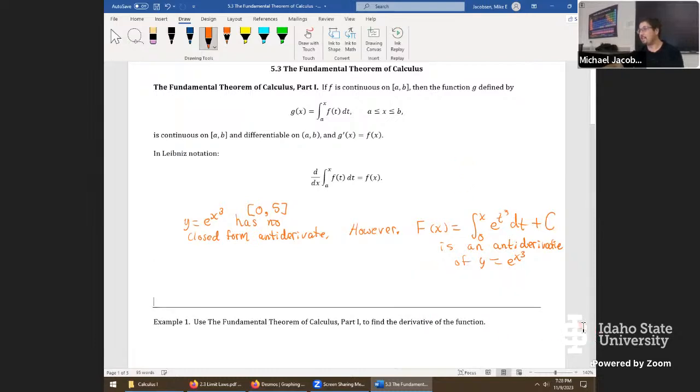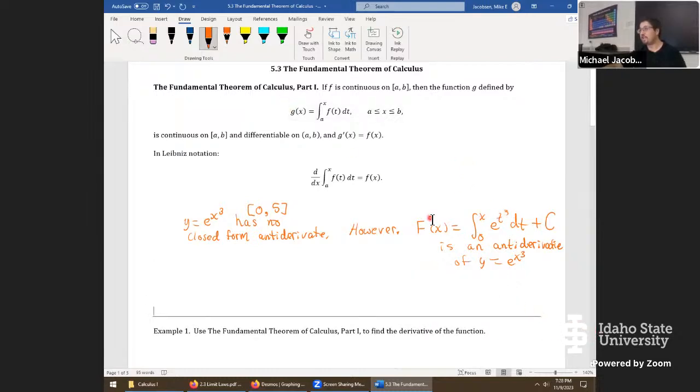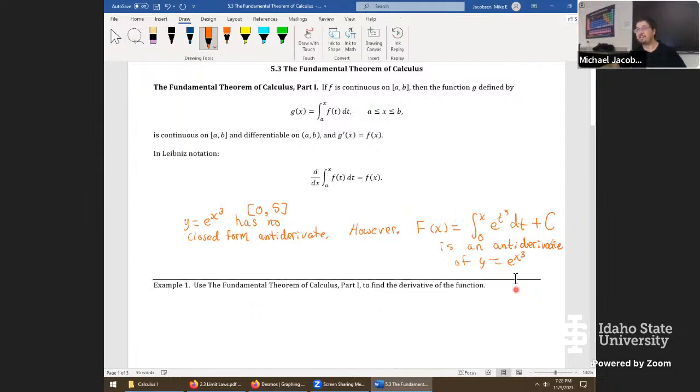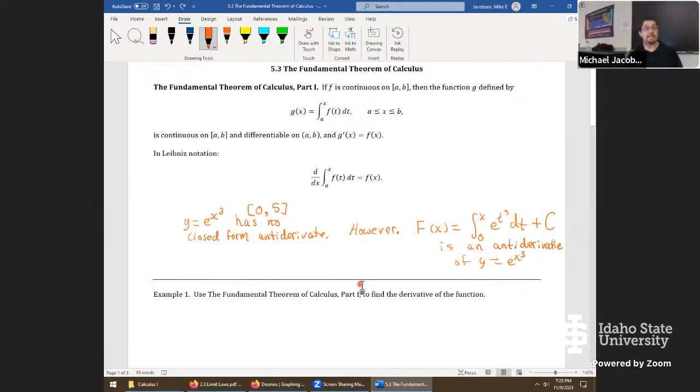And the reason it works out as an antiderivative is, if you differentiate this function, fundamental theorem of calculus part 1 says, derivative of f of x is the integrand, lowercase f of x, e to the x cubed is what we would pick up. So fundamental theorem of calculus, I think the best way to think about it is it's giving us an immediate antiderivative. Well, any questions about it so far?